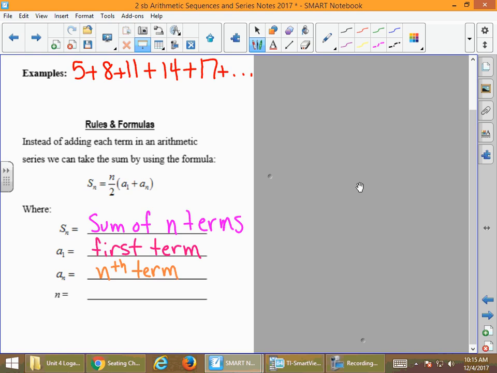And I didn't know exactly how to fill in n, but it's the number of terms that we're looking for. So I put number of terms.